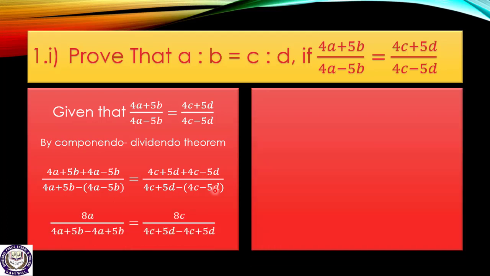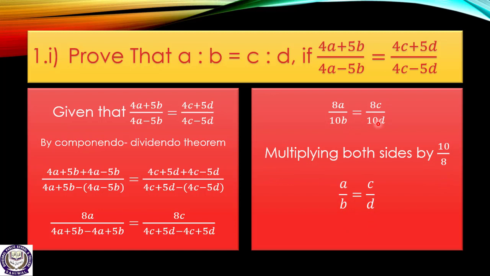After simplification, we get 8a over 10b is equal to 8c over 10d. Multiplying both sides by 10 over 8, we get a over b equals c over d, which can be written in the ratio as a ratio b is equal to c ratio d.